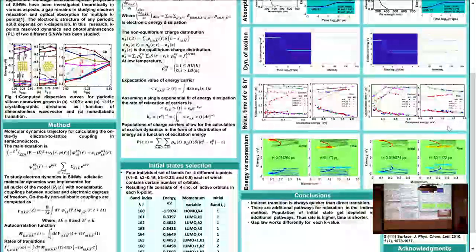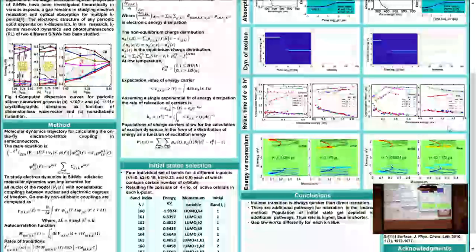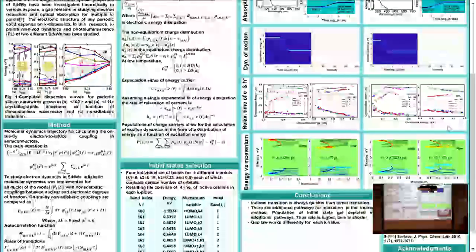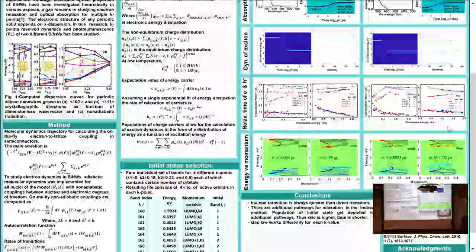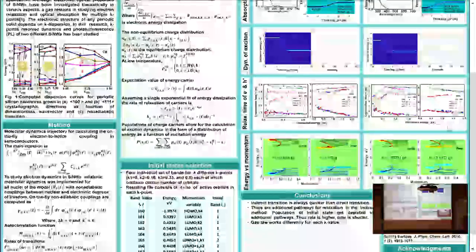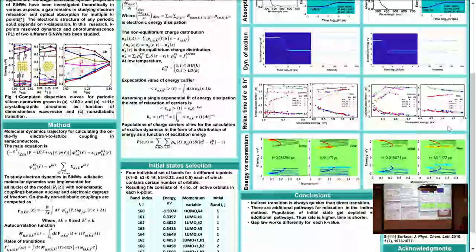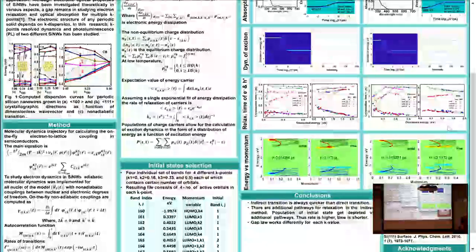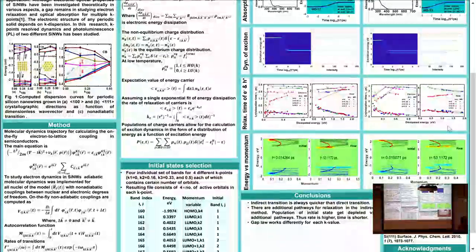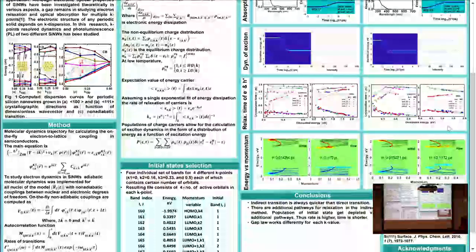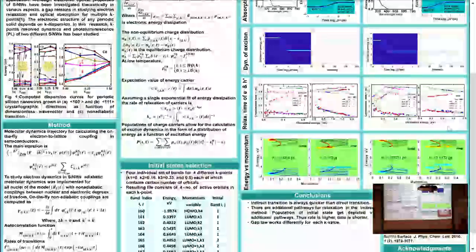These are the relaxation rates for electrons, and these graphs are the relaxation rates of holes. There is a difference between these two graphs. Here we considered only 10 states below HOMO and 10 states above LUMO.